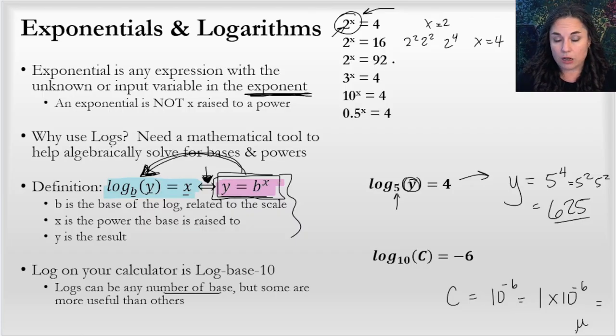We're going to be able to solve more complicated equations here. 2 to what power equals 92? Well, 92 is not a perfect power of 2. There's no integer value of x that we can put up here that would result in 92. So we're going to assume that that's 2 to some number with a decimal behind it. I don't know what it is. What we're going to do is learn how to solve that equation.